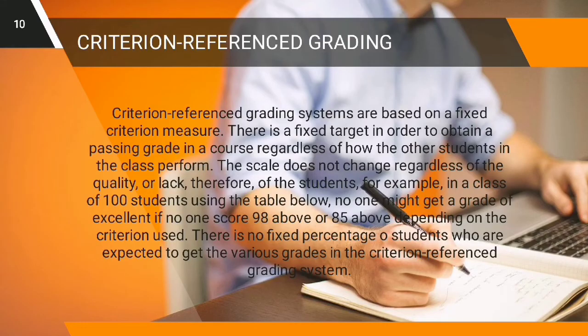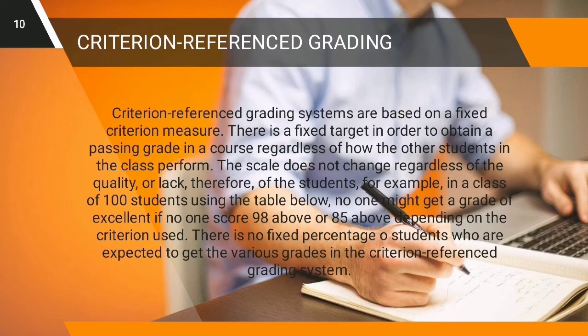Criterion reference grading systems are based on a fixed criterion measure. There is a fixed target in order to obtain a passing grade in a course, regardless of how the other students in the class perform. The scale does not change regardless of the quality, or lack thereof, of the students.